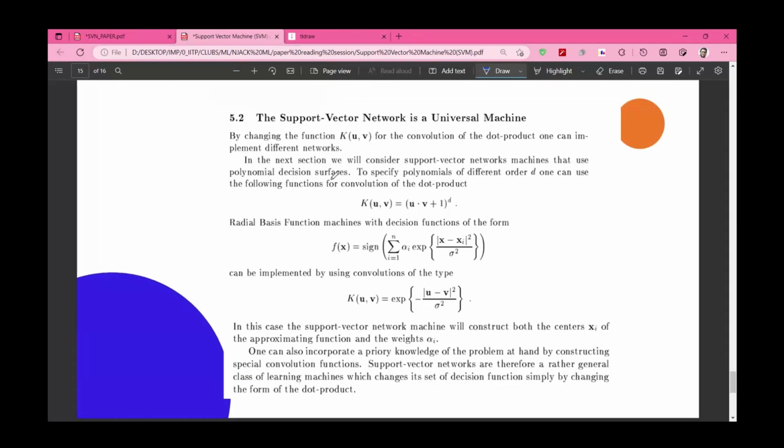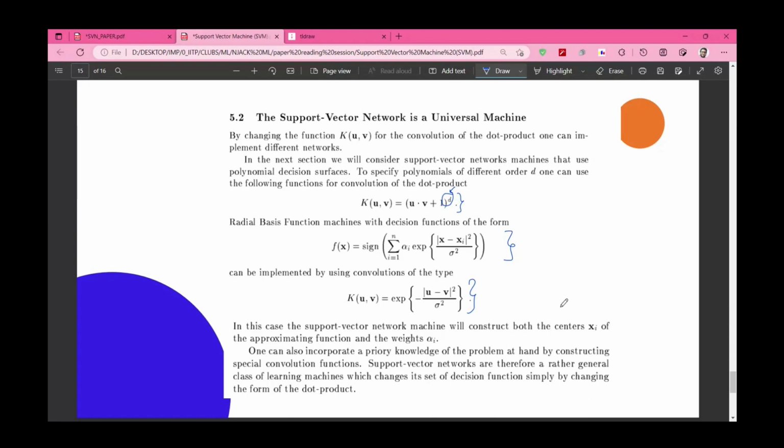This was also already described by me here: if we put d equals 2, it is a polynomial of degree 2. Besides this, we also have the radial basis function, which is given by this, and this is the transformation, but this is the kernel we have for it. This works great on all of the data we have.